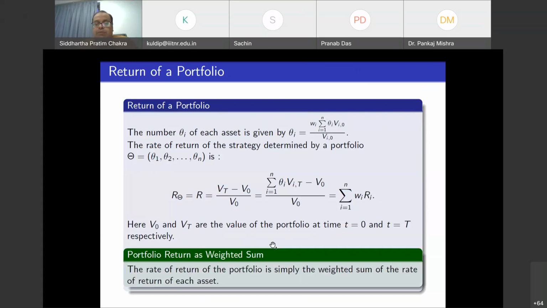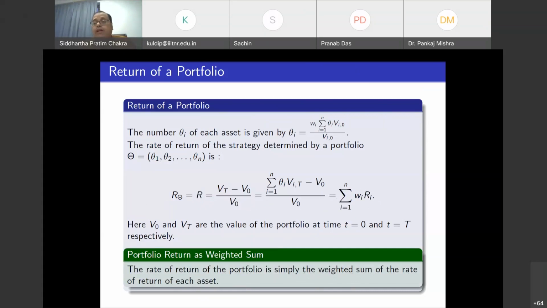So it can be stated that the rate of return of a portfolio, or simply the return, since sometimes we talk in terms of rate of return, which essentially means the same thing, is simply the weighted sum of the rate of return of each asset.